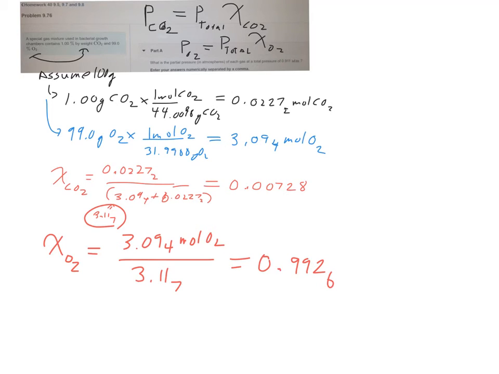Remember, our formula to get the partial pressure of each is simply the total pressure times that mole fraction. So I'm going to use that formula now. I've got my mole fraction of carbon dioxide right there. Now I'm multiplying by my total pressure, which they gave me in the problem.